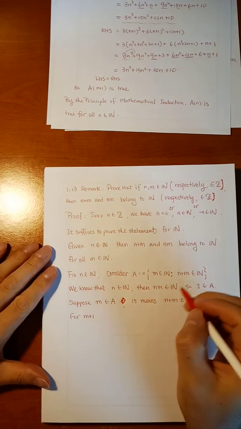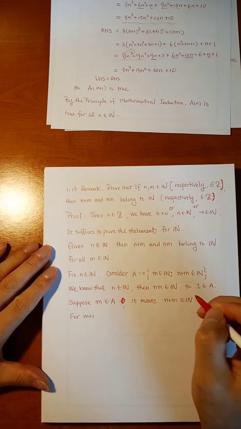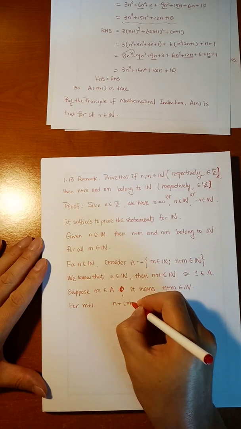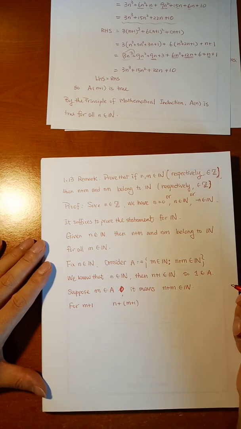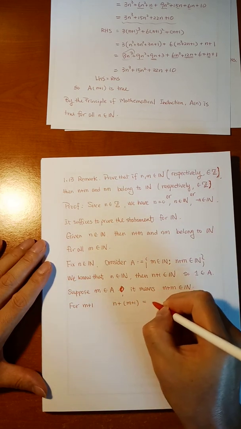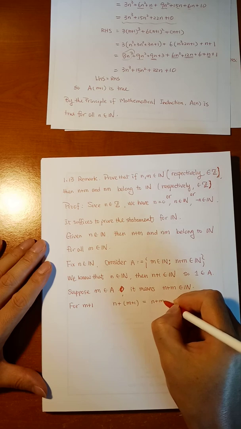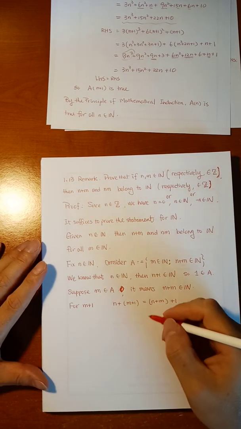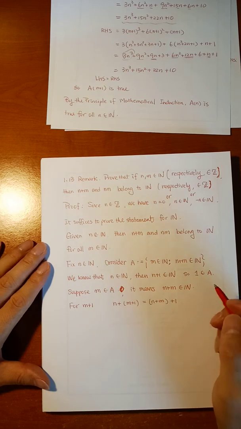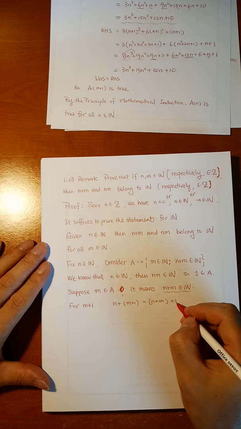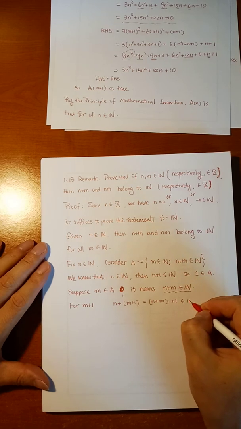How do we test it? We just try to check n plus (m plus 1). It is equal to (n plus m) plus 1 by associativity. n plus m by the condition belongs to the natural numbers, and plus 1 also belongs to the natural numbers.